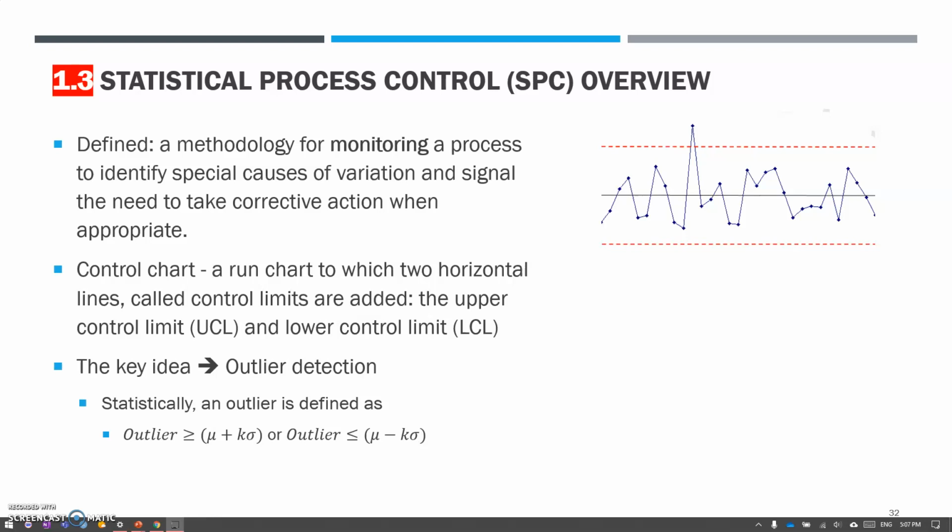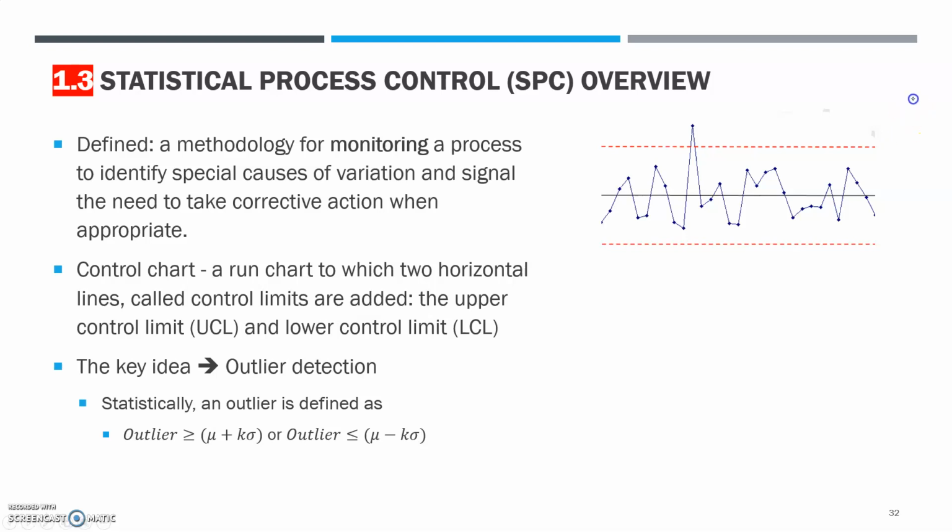If you look at this chart here, this is the bare bone structure of an SPC control chart. You usually see an upper limit and a lower limit. These are not specification limits. These are the upper control limit and lower control limit.